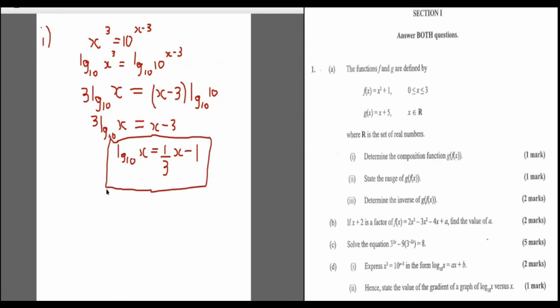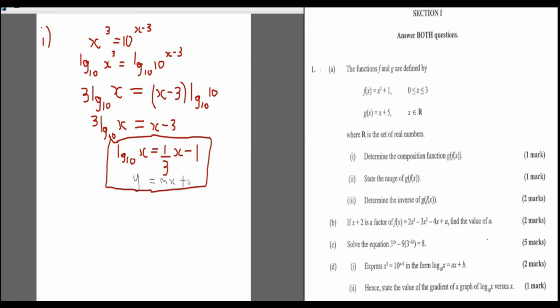Now the next part of the question says, hence state the value of the gradient of the graph of log to base 10 of x versus x. Now guys, if we were plotting this as a graph and this is y, we know the equation of a line is y is equal to mx plus c.